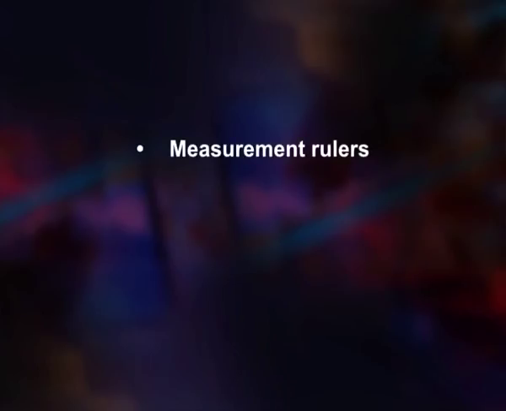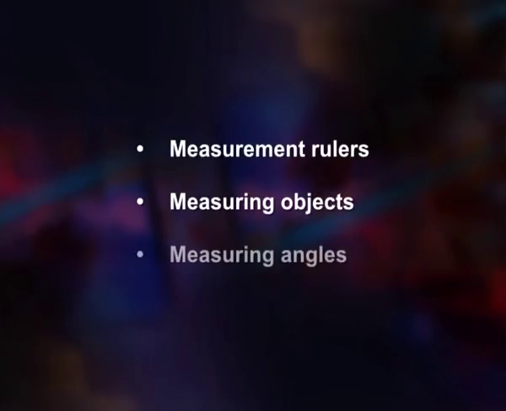Measurements. Measurement is carried out in Adobe InDesign in 3 different ways: measurement rulers, measuring objects, and measuring angles. Different measurement systems can be set up in a document window for horizontal and vertical rulers. The default units of measure for the rulers are millimeters.